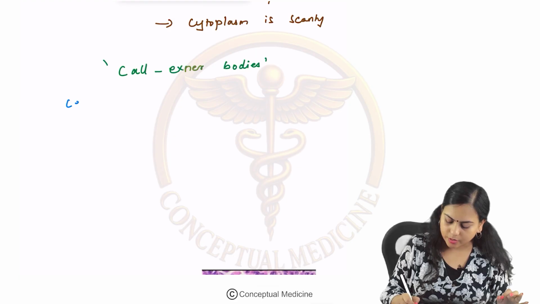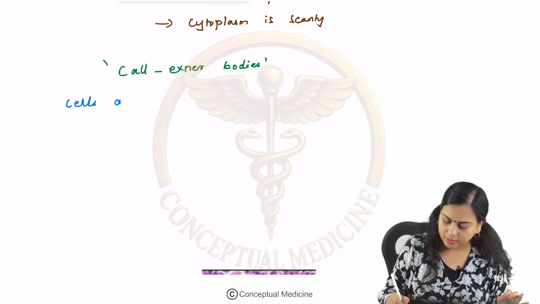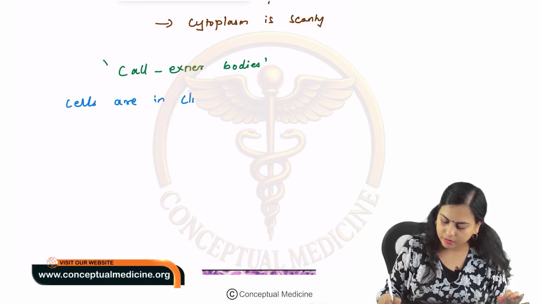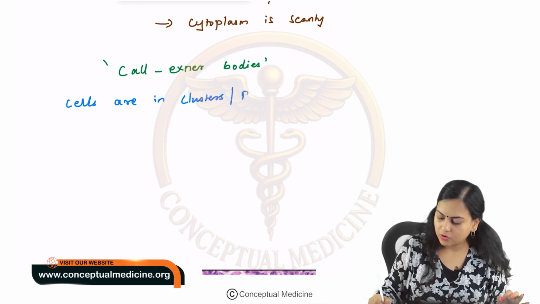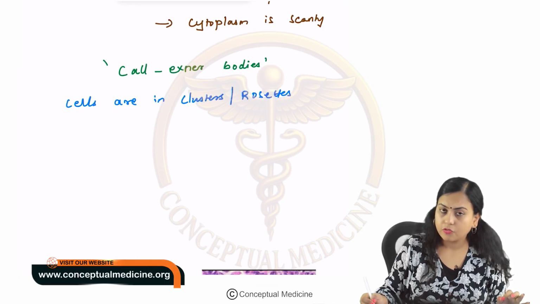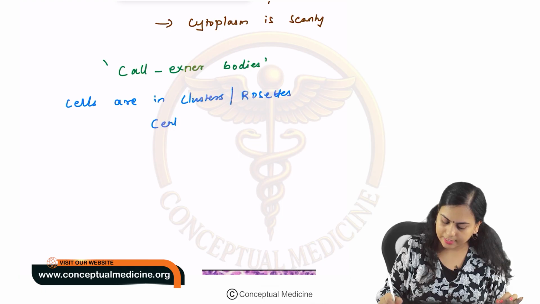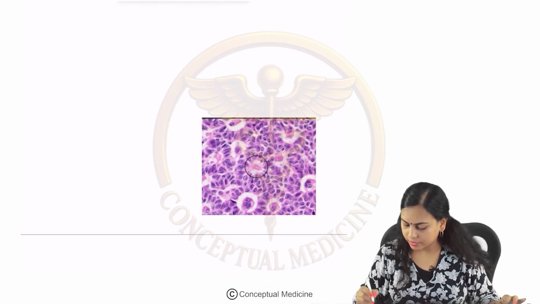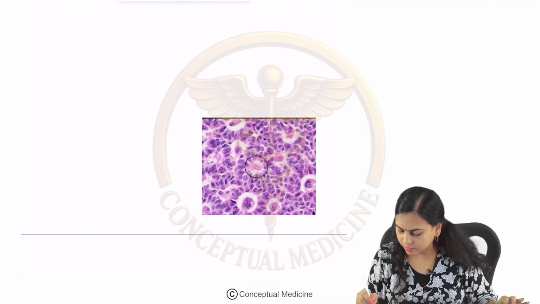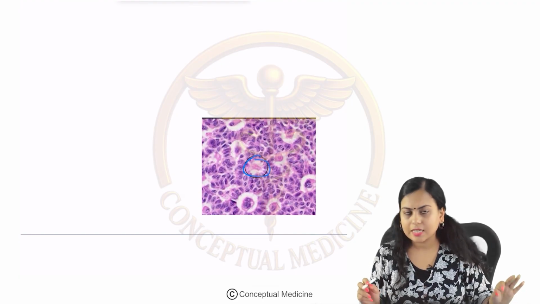So, these are nothing but cells that are arranged in clusters or rosettes surrounding a central cavity. Okay. So, here you have central cavity. Okay, you have empty space. You don't see a blood vessel here.